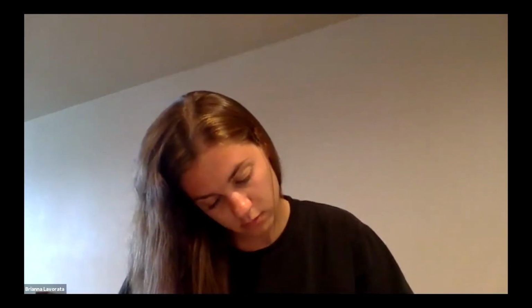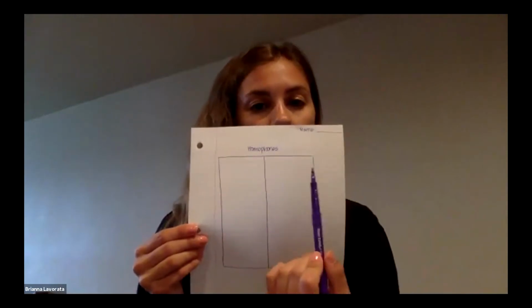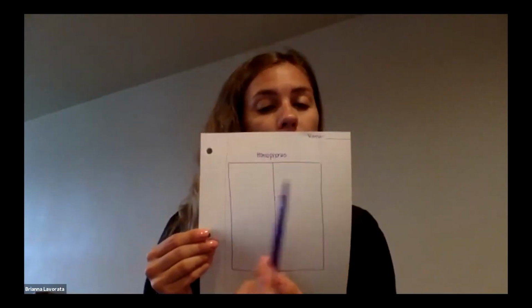Oh, I'm sorry. You're going to just draw one line right down the middle, just like this. So now we have 2 columns.